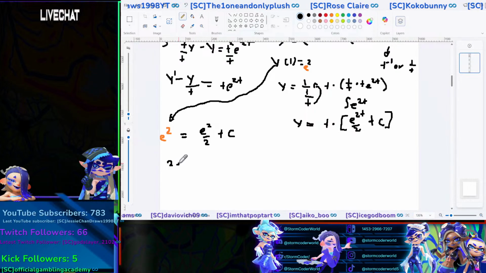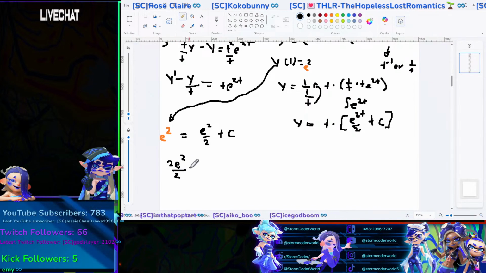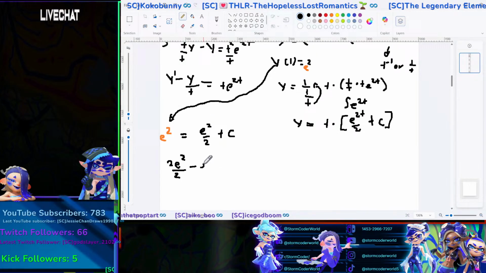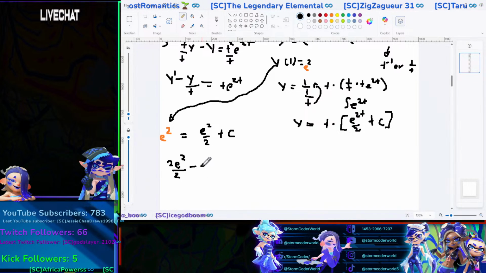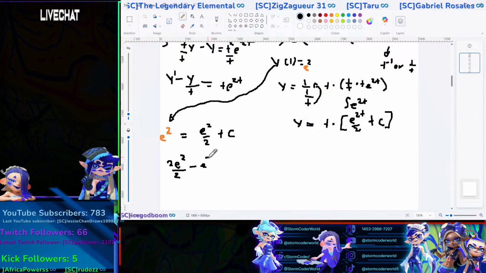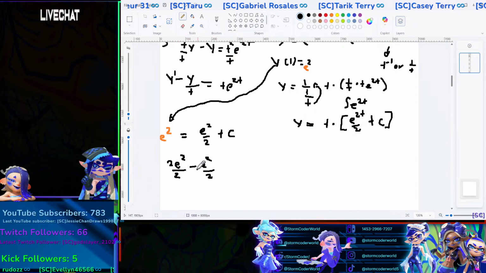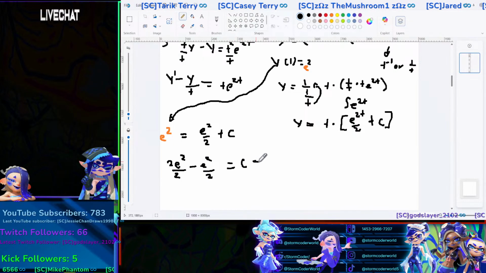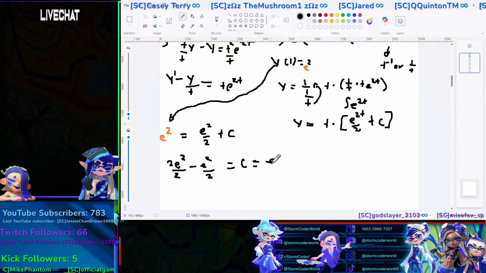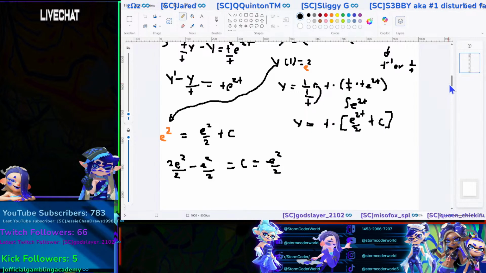And it will be very easy to see what this actually becomes. Minus this function here. It's probably a little bit too big. e squared and then 2. And then from this, this should just be equal to c, which is equal to e squared over 2. So that will be the constant.